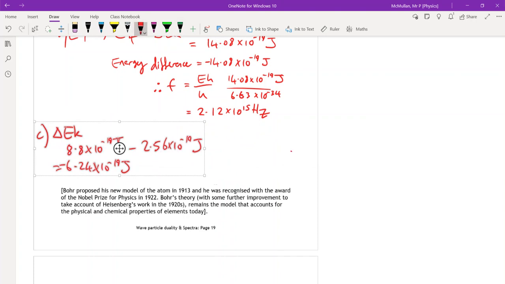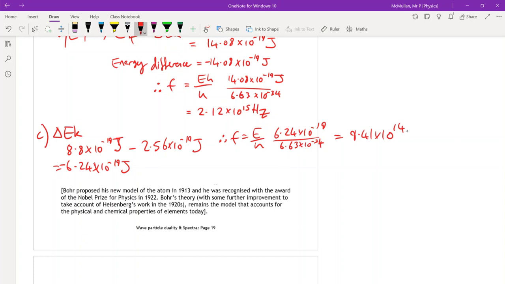So therefore, f equals E over h. 6.24 times 10 to the minus 19 over 6.63 times 10 to the minus 34 comes out to give you frequency 9.41 times 10 to the 14 hertz. Okay, so this value is used here. Then this value is used to help us work out the wavelength.